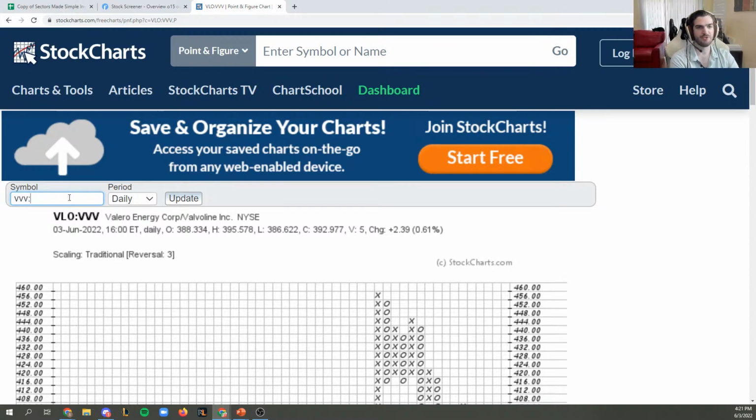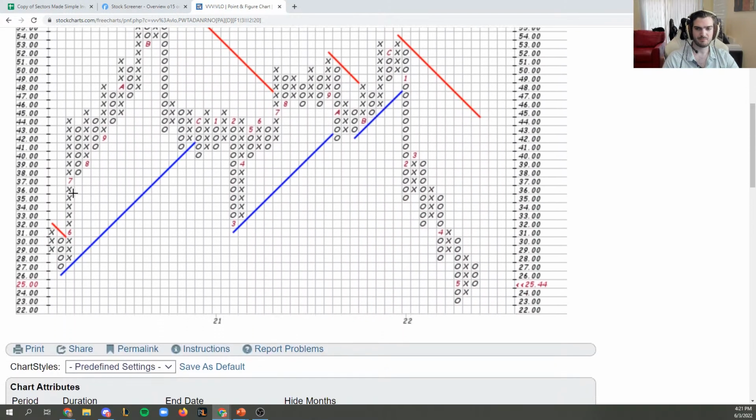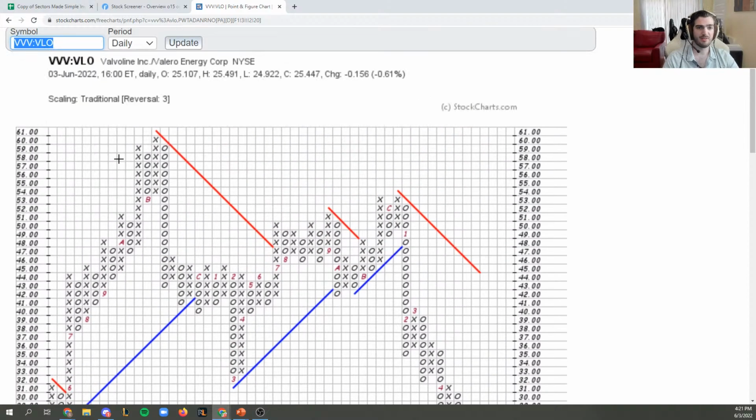We can try doing Valvoline versus Valero, where here we see that it is still negative, which means that in this case, Valvoline is short-term weaker than Valero. Wait a second. I thought we just said that it was stronger. Now it's weaker?